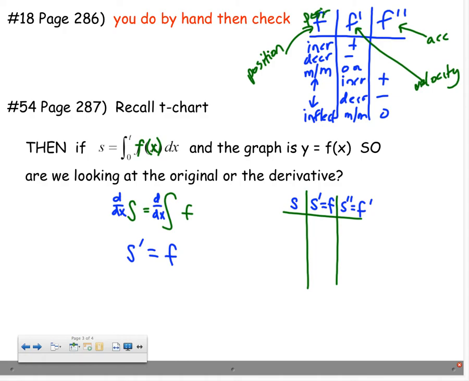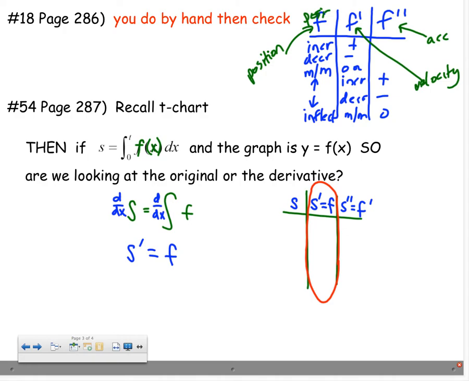F of x. We're looking at the graph of f. So based on what we talked about, we're looking at velocity. You've probably figured out from tests and the questions in the book, most of the time they give you the velocity graph. Not all of the time, but most of it. So please have your book open to this graph because I don't have it drawn up on the board.